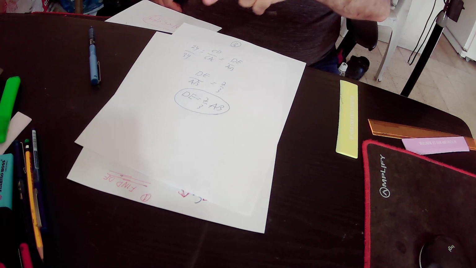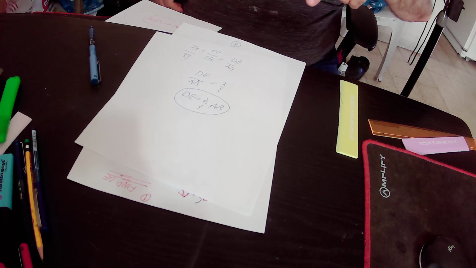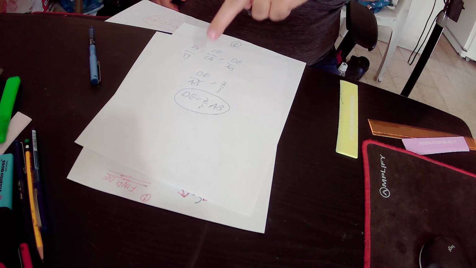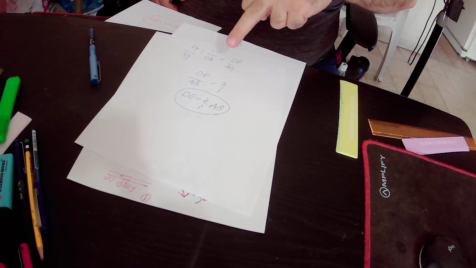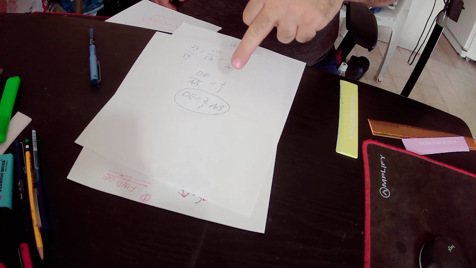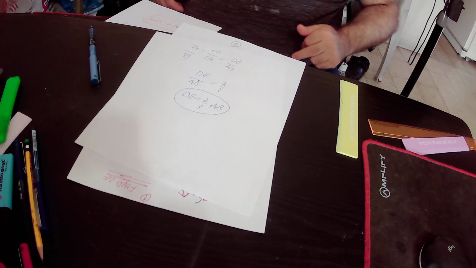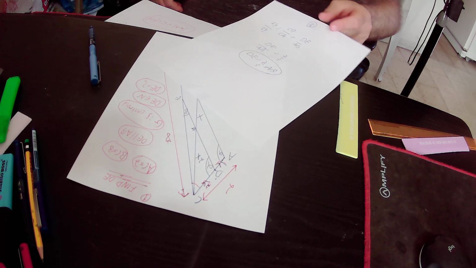Okay, and 2y over 3y is 2 over 3 because y over y is 1, so y gets cancelled. We found that DE over AB equals 2 over 3, and if we multiply this equality by AB, we get that DE equals 2 over 3 times AB. Okay?